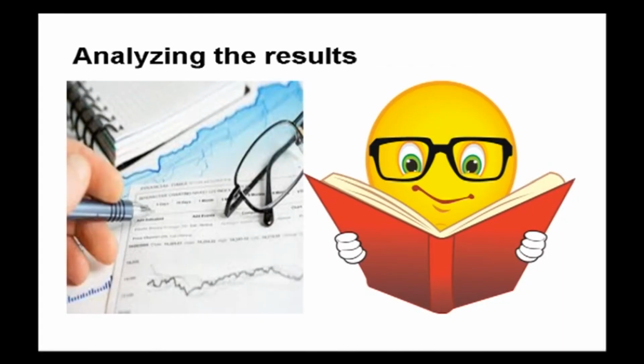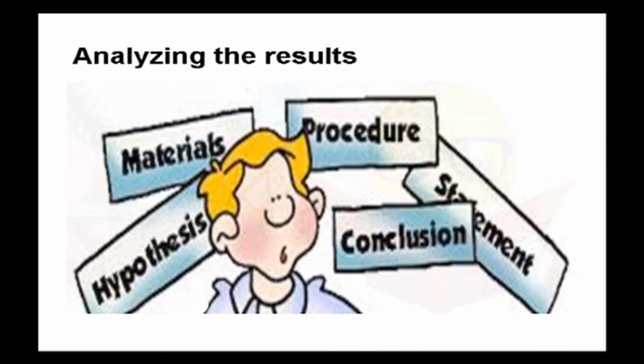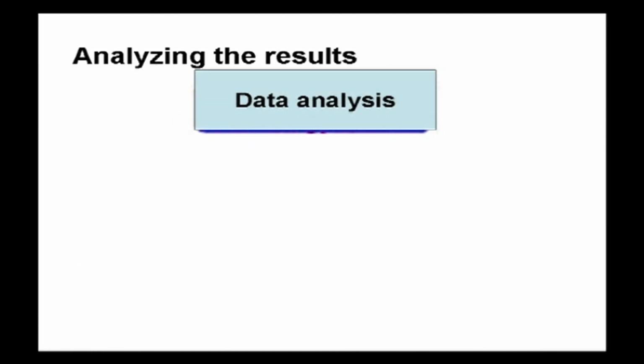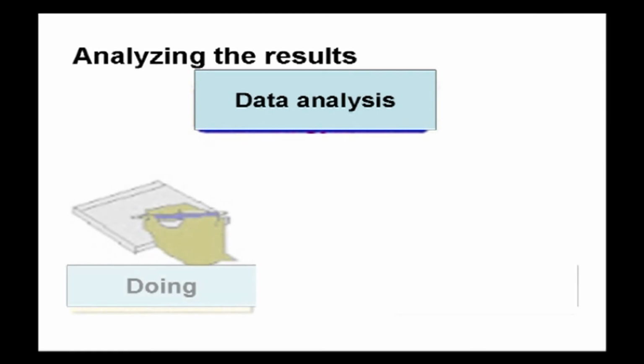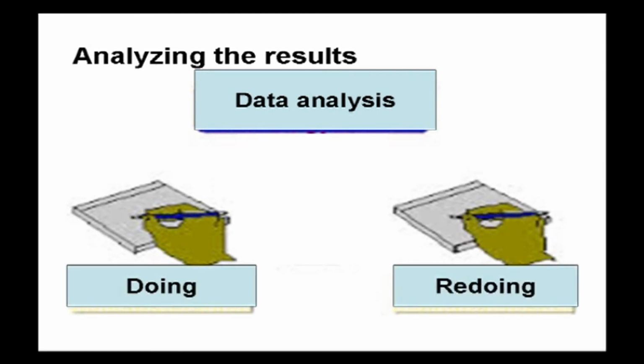The next step is analyzing the results. The investigator has to plan up to the last step of analysis of his data. He must decide at the beginning itself how the collected data has to be analyzed. The investigator should avoid unnecessary labor like doing and redoing things pertaining to tables.